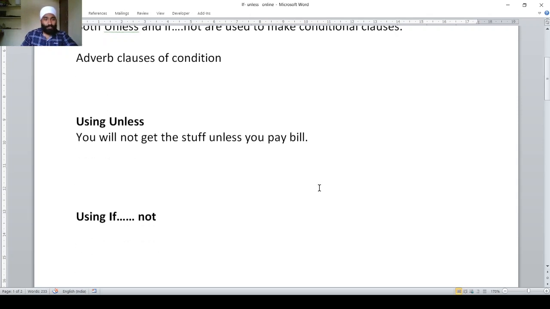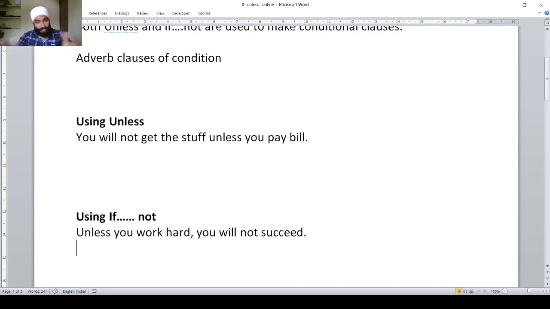Let us see using if not. If a sentence is given to you: unless you work hard, comma, you will not succeed. So here also two conditions are there. The clause of unless is showing the first condition.